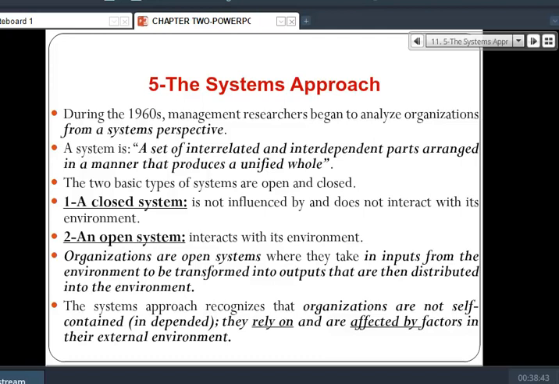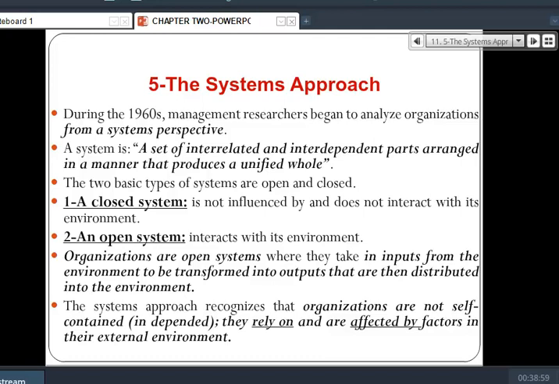The system here, and this is a very good exam question, is a set of interrelated and interdependent parts arranged together in a manner that produces a unified whole.